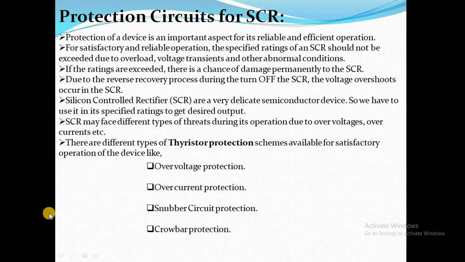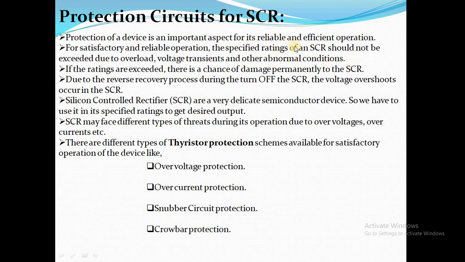If we exceed the supplied voltage, or the current exceeds beyond the given limit, then that motor may get damaged. In the same manner, whenever SCRs are constructed, each and every SCR is constructed with some specified ratings. Whenever that particular SCR is used for any application or in any circuit, the values given to that SCR should not exceed the given ratings.